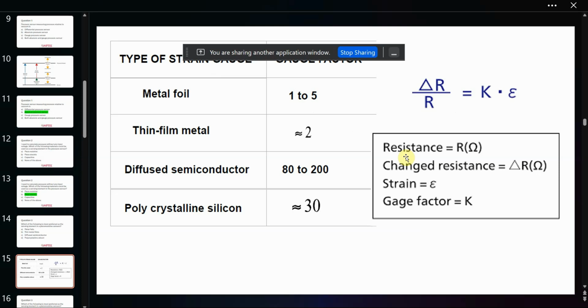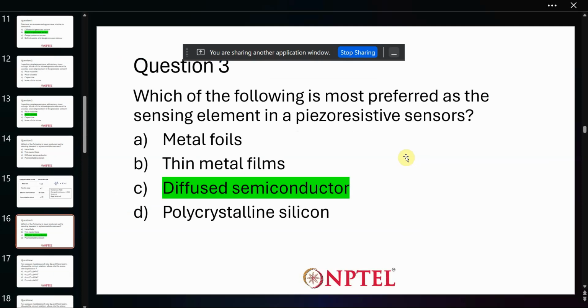With a metal foil, you will need a very high amount of displacement, whereas with a diffused semiconductor, very low strain will also work, and it will give a very high change in resistance. That is why you should look for a material with a high gauge factor. So in this case it is diffused semiconductor.